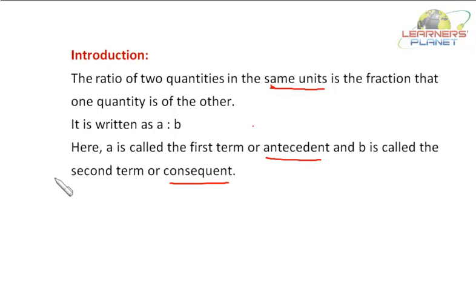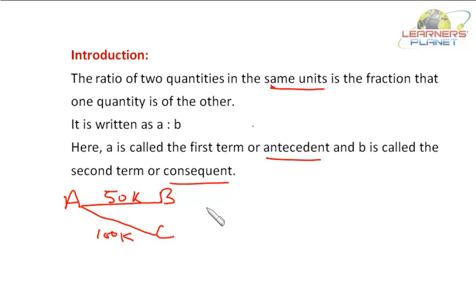Now suppose I take an example. Maybe a place A is there, a place B is there and a place C is there. The distance between AB and AC, I have to make a comparison. Now the distance between AB is maybe 50 kilometer and distance between AC is suppose 100 kilometer.